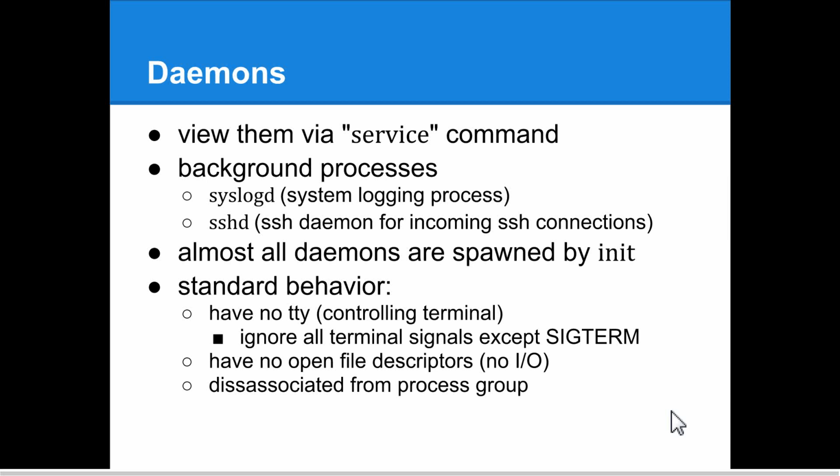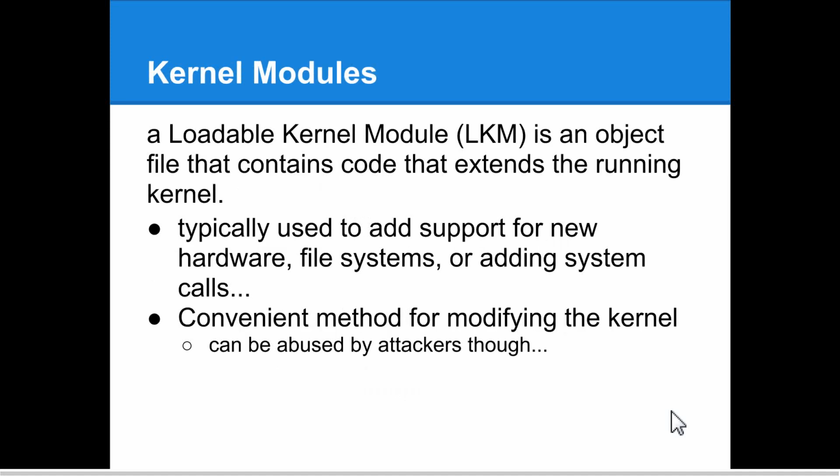They ignore every signal except SIGTERM. They have no open files typically, although system logs and stuff like that can write to things, so that violates that. And they're usually dissociated from any process group. Kernel modules are also very important for security, and we'll get into that later with rootkits.